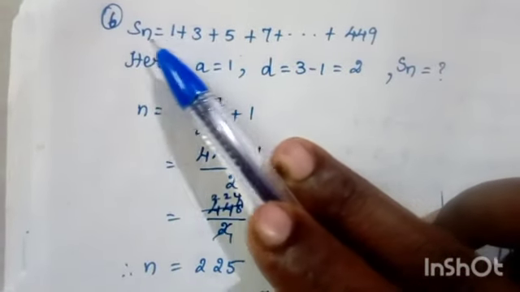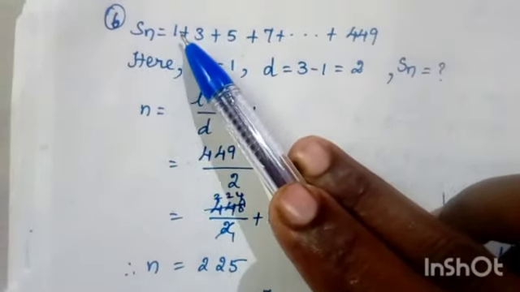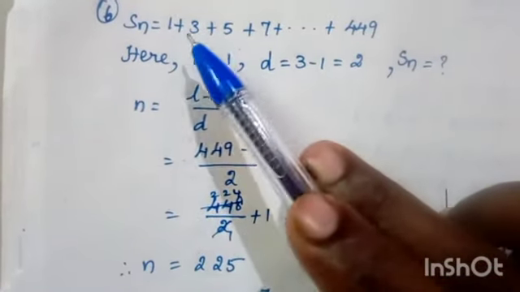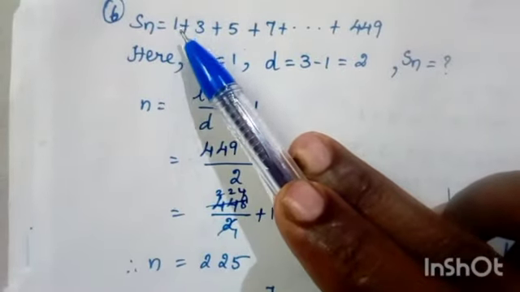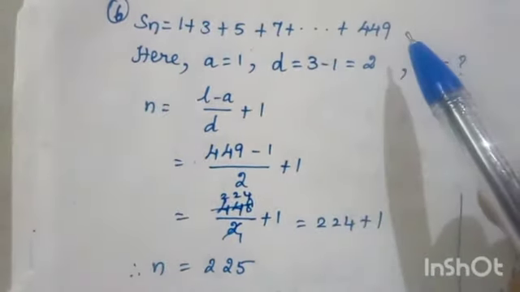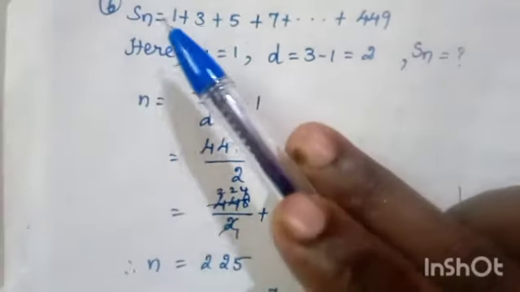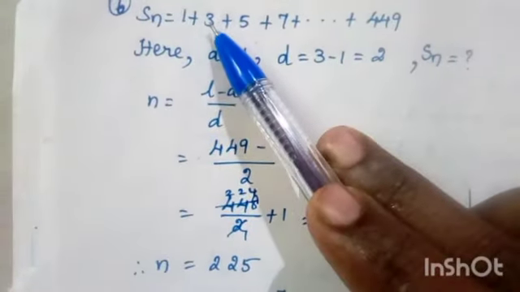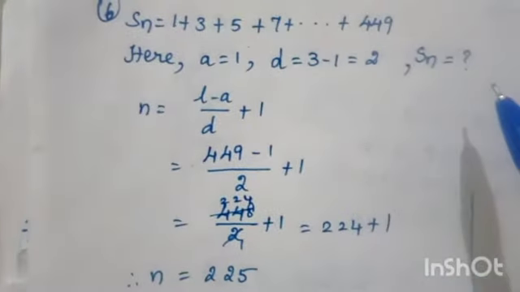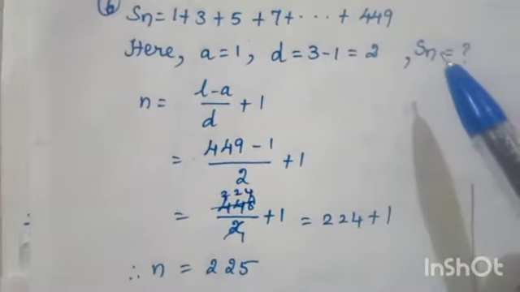So Sn, the sum of n terms, is equal to 1 plus 3 plus 5 plus 7 plus etc. up to 449. Here the first term is a, d equal to 3 minus 1. Sn we want to find, so this sum value we want to find.